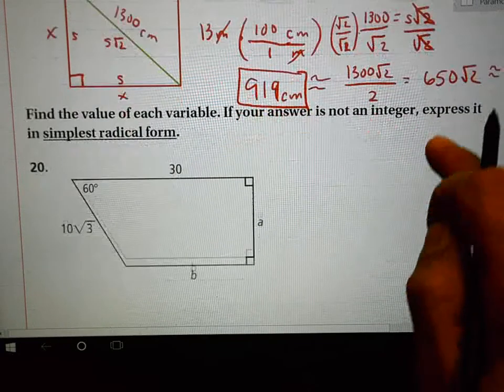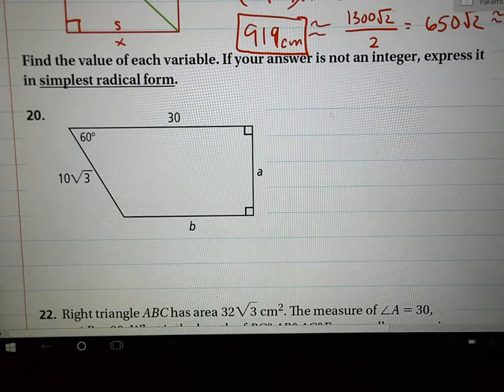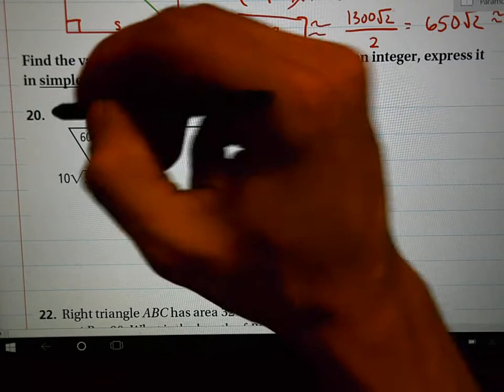Let's jump to number 20. This one was a little bit tricky because we have A, we have B, we got to figure those out, and they give us 30 and they give us 10 root 3, and they only give us one angle. So the first thing that I did is I said, well, guess what?